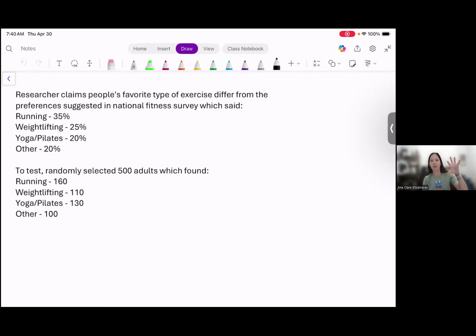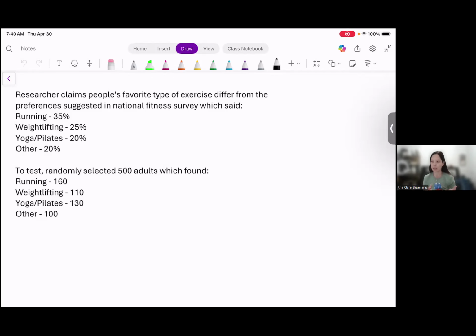So it's saying that we have this assumed distribution. And so to test, they randomly selected 500 adults, which found that running was 160 for those 500 adults, 110 for weightlifting, 130 for yoga, and 100 for other.